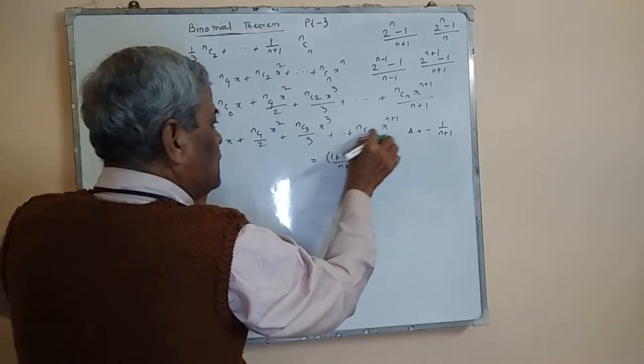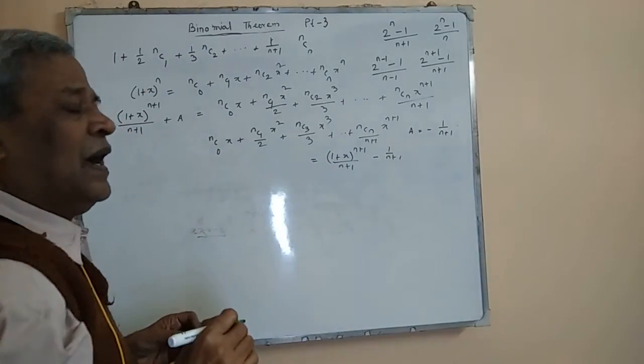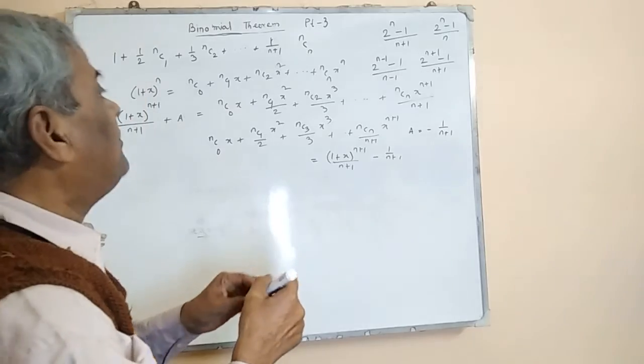So this is equal to that. Once again, we get an identity because it is a formula.